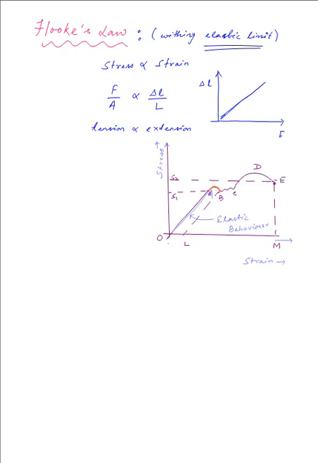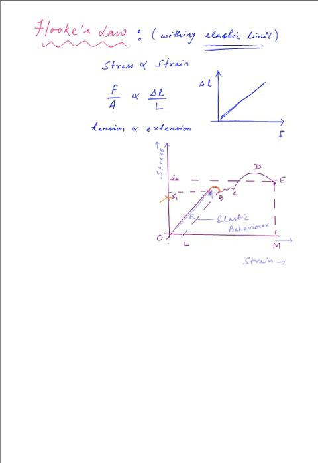Now, we see that point S1 over there. If the stress is greater than S1, which corresponds to the point A, then beyond S1 there is an extraordinarily large increase in strain due to the increasing stress, and it does not obey Hooke's law in that region because that is beyond the elastic limit.